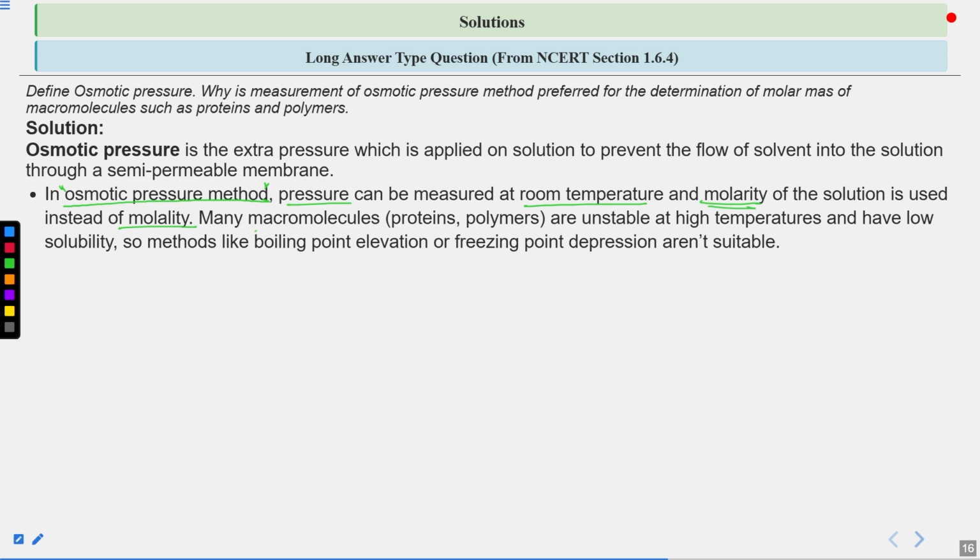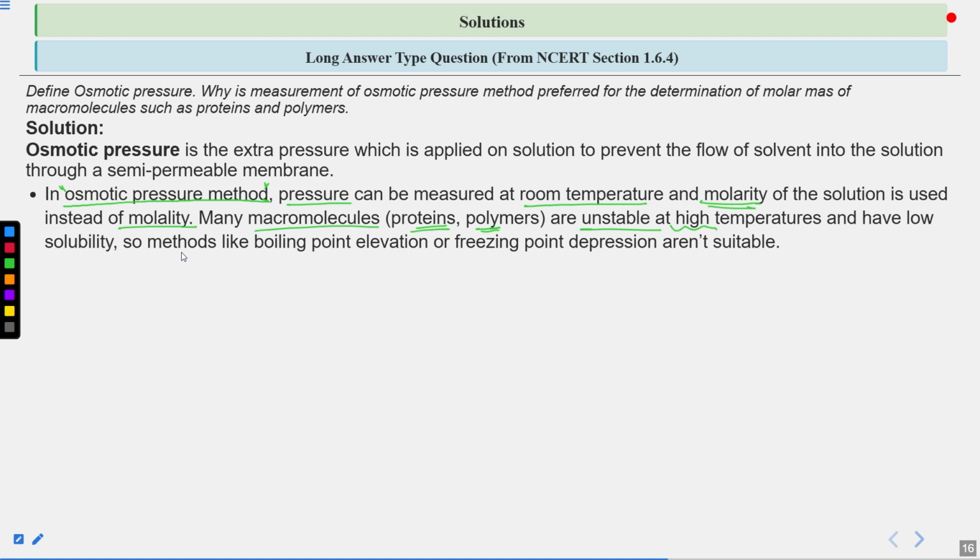Many macromolecules like proteins, polymers, enzymes are unstable at higher temperature. Why? Because at high temperature they start to denature, they start to convert into smaller constituents. So many macromolecules are unstable at higher temperature and have very low solubility.